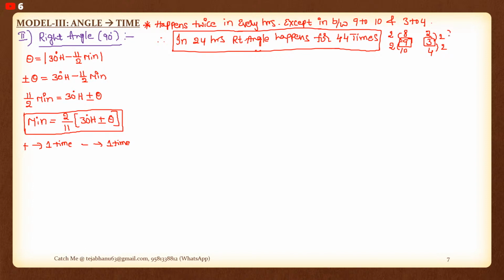That's why for these 2 hours only 3 right angles are possible. So here one is missed, and here one is missed, morning time and evening time, total 4 times. So 24 into 2 is 48, minus 4, is 44 times.